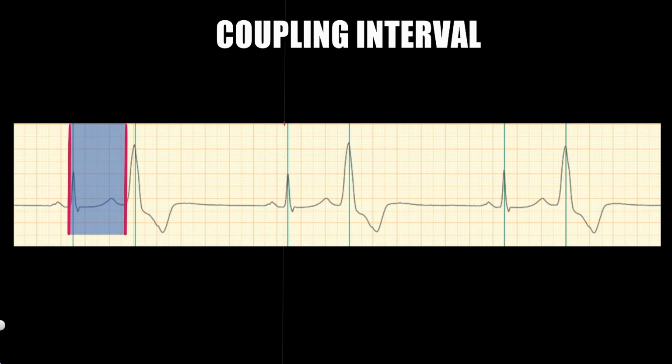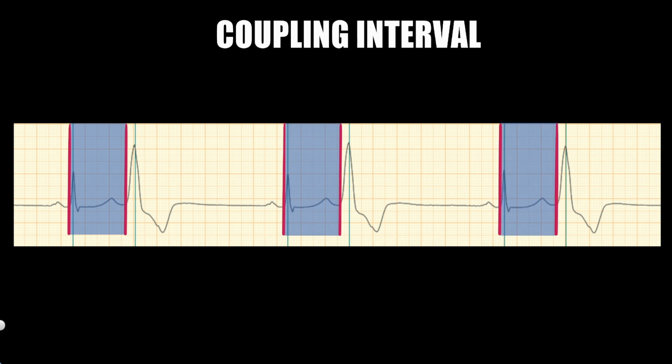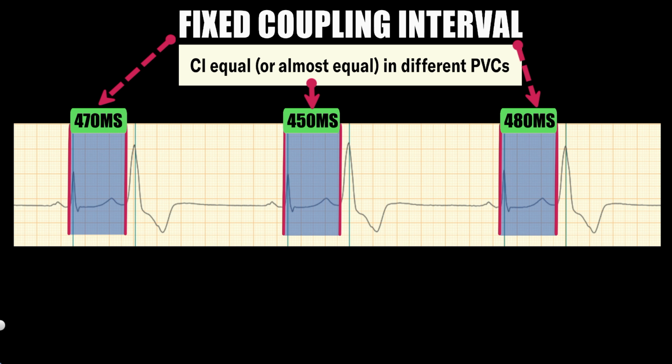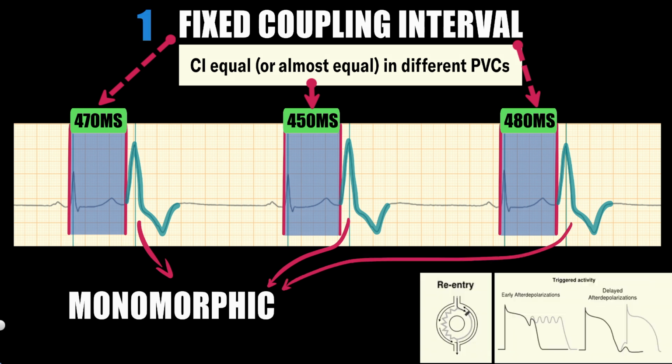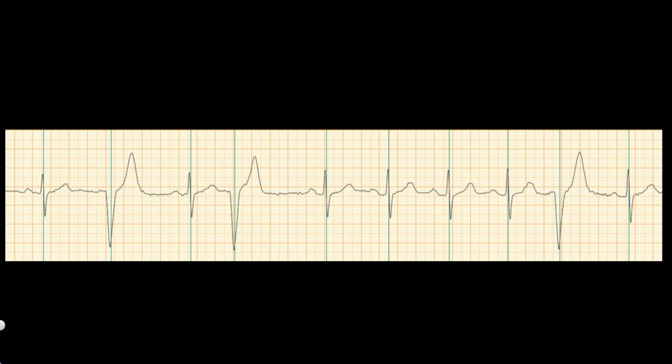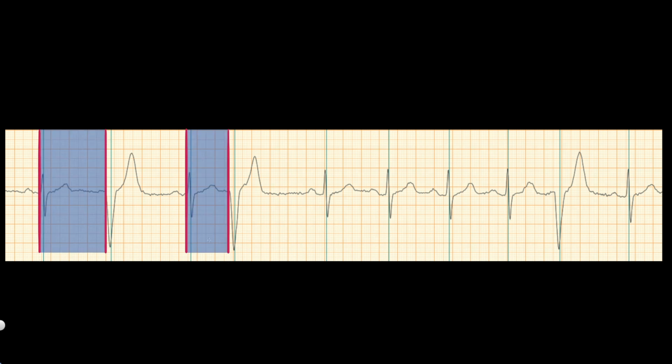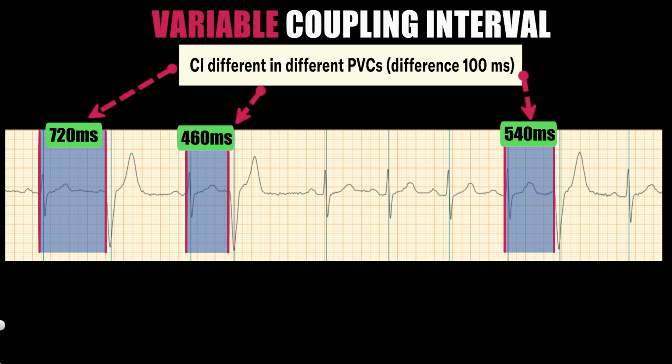Coupling interval can be fixed when it is equal or almost equal in different PVCs, like in the example. Coupling interval can help to suggest the pathophysiologic mechanism of PVC. If the PVCs have the same morphology, in other words, they are monomorphic, together with the fixed coupling interval, it suggests the reentry or triggered activity mechanisms. Sometimes PVCs have the variable coupling interval, when the difference is more than 100 milliseconds.